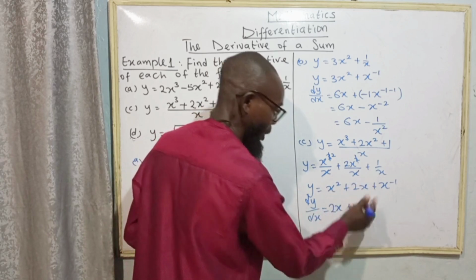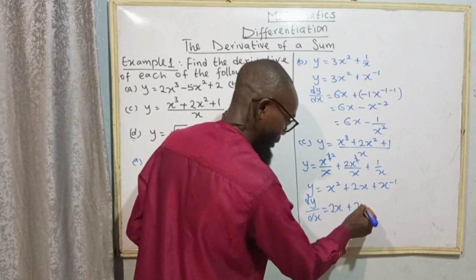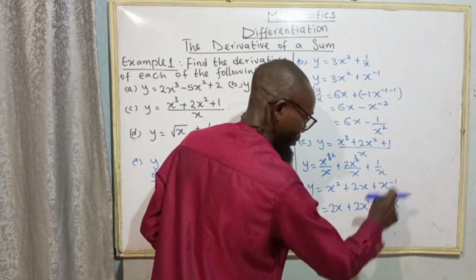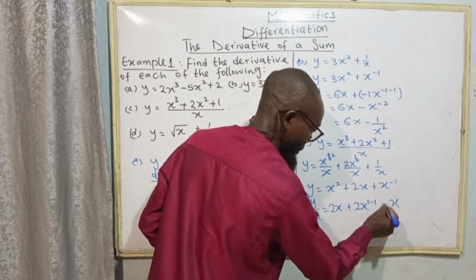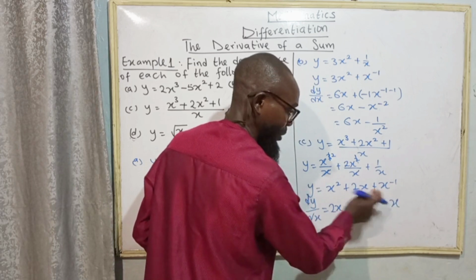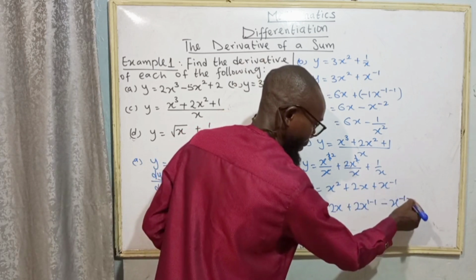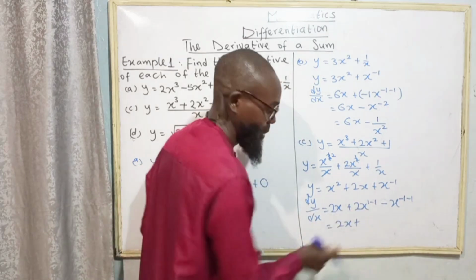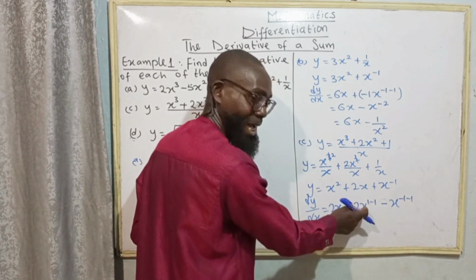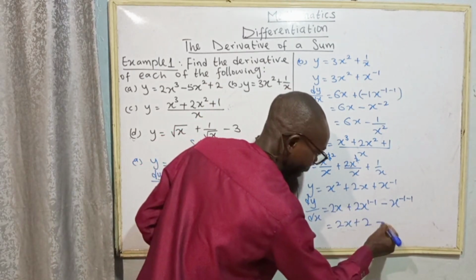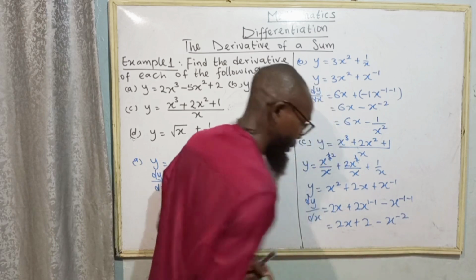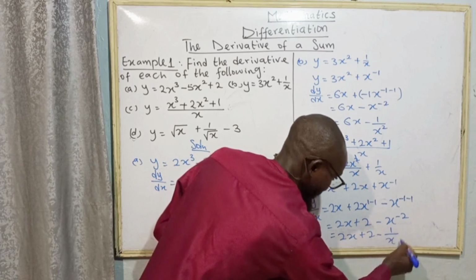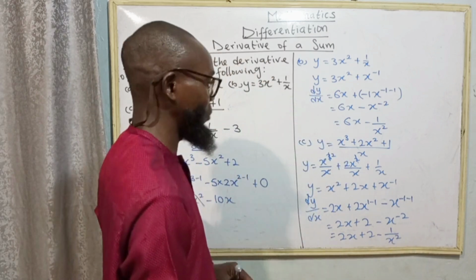Plus this one, 1 times 2, we have 2, then x to the power 1 minus 1. Then plus x to the power minus 1, we multiply this, minus 1 times plus, we have minus, then x to the power minus 1 minus 1. That is 2x plus, 1 minus 1 is 0. Anything to the power 0 is 1. So this x has become 1. 1 times 2, we have 2. Then minus x to the power minus 2. Now finally, we have 2x plus 2 minus 1 over x squared. So that is the dy/dx of this function.